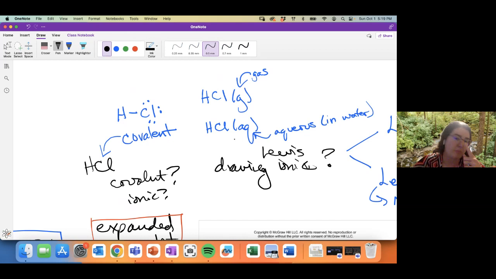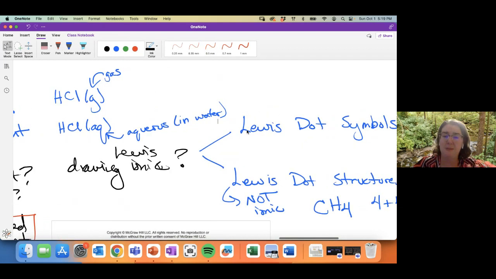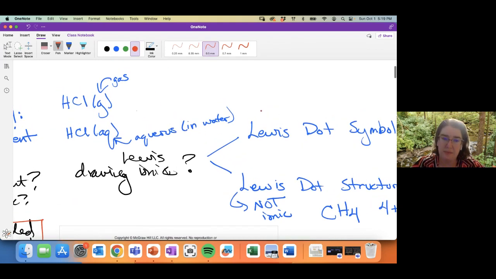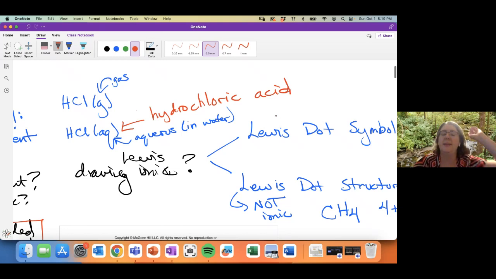Now, if it's aqueous, we call it something that might be familiar to you. We call this hydrochloric acid. So if it's aqueous, we refer to it as hydrochloric acid.